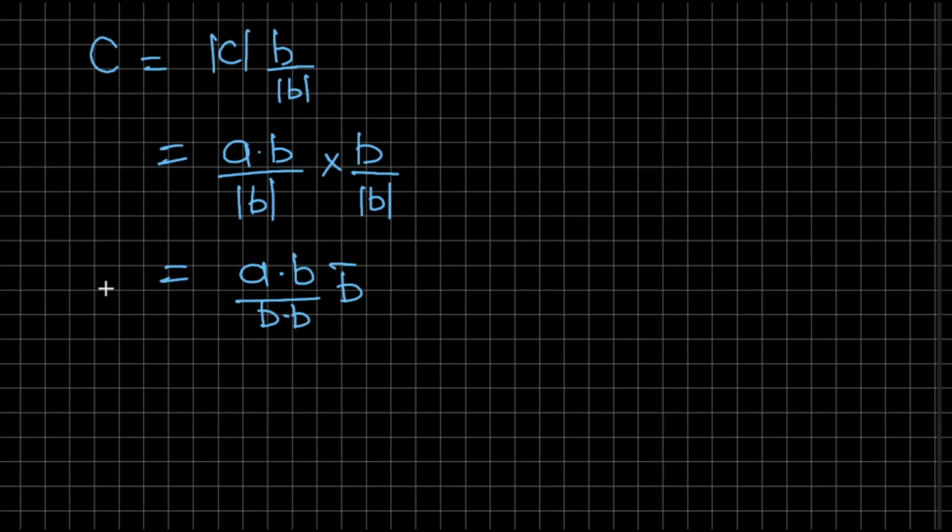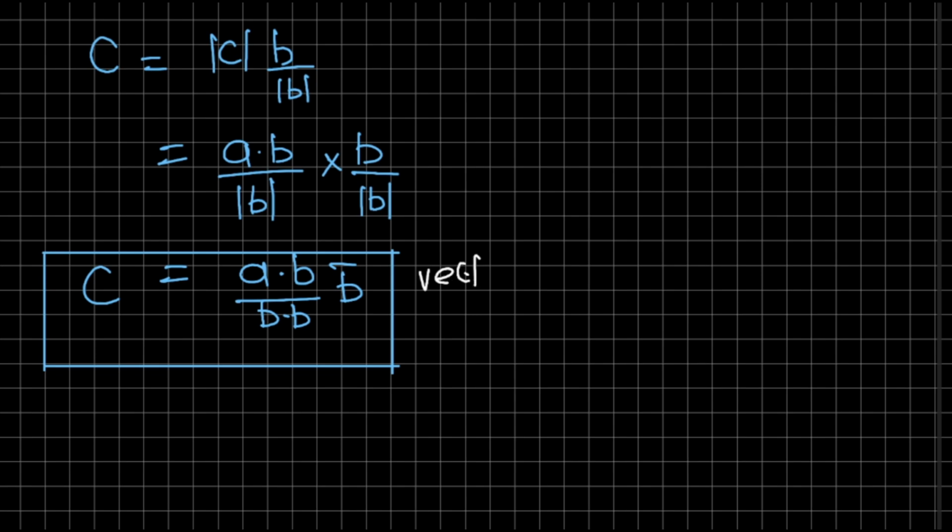So this formula is called vector projection. Vector projection is a vector. So this is called the vector projection of A onto B. Okay, so this is what we have: A dot B all over B dot B.